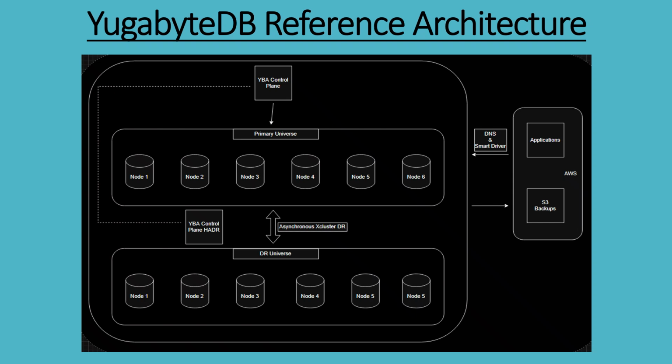And then let's try to understand what exactly a universe is. If you look at this diagram, I have represented two universes. One is a primary universe, which is the top part, and the one below is the DR universe.